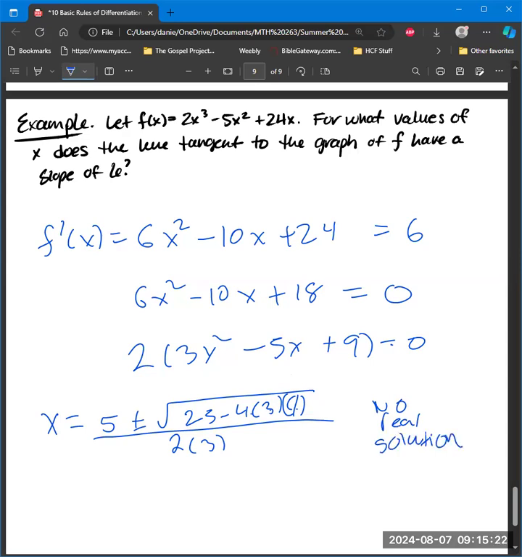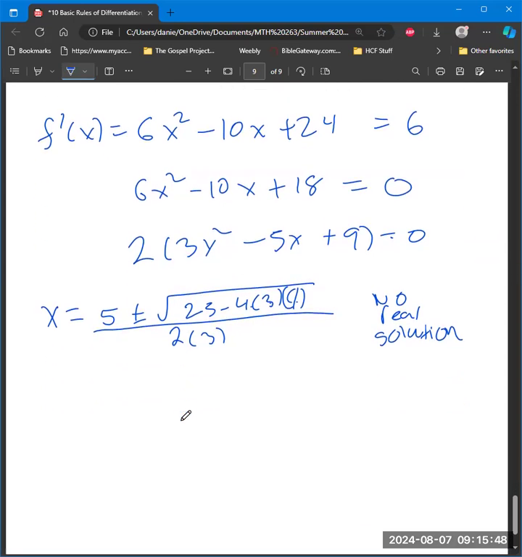So that tells me that this graph here is never going to have an x value where the slope is equal to positive 6.